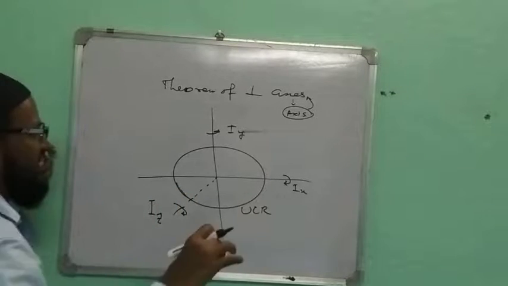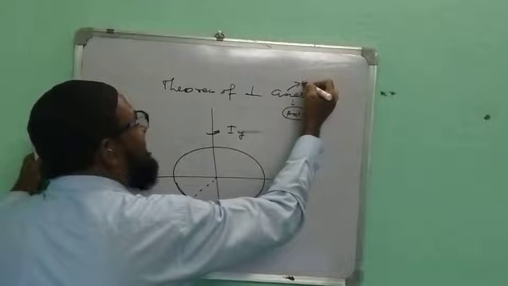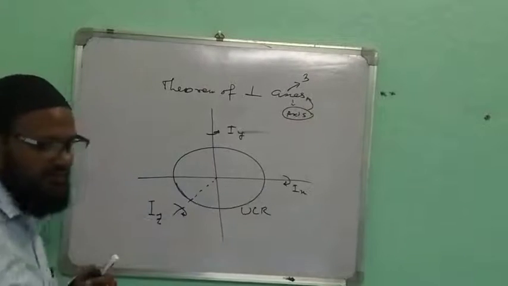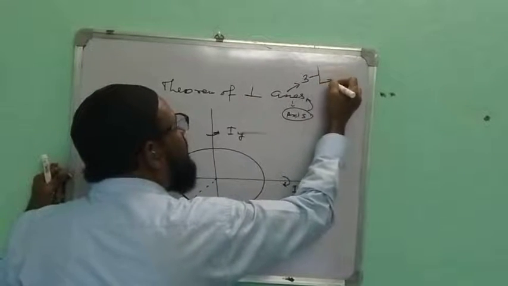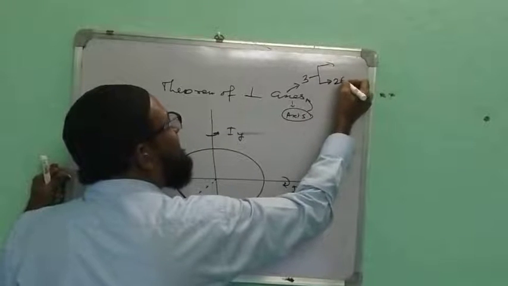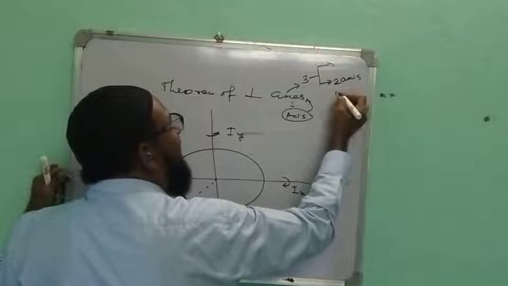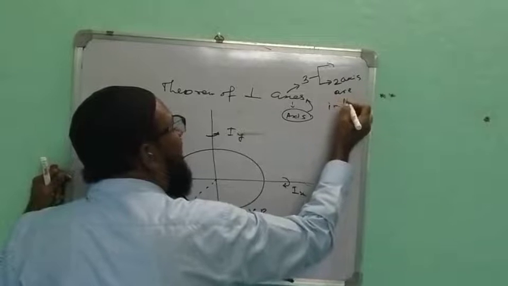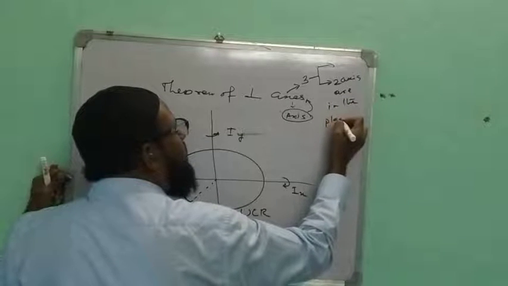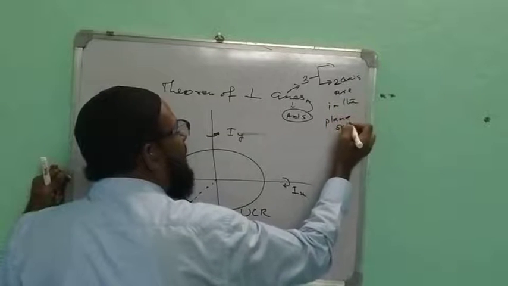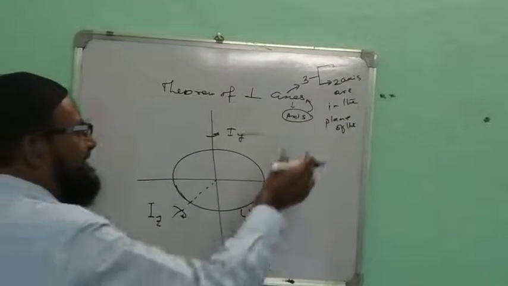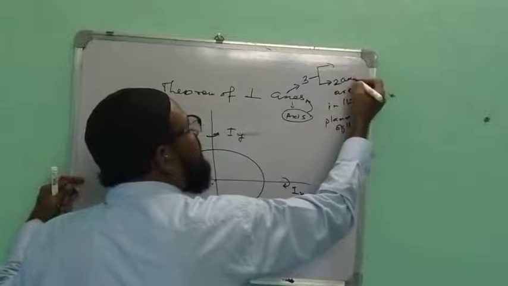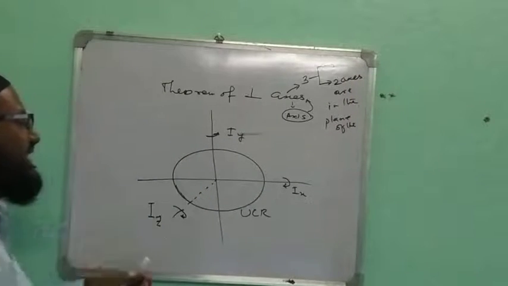Please try to understand. How many axes? Three. Out of the three, two axes are in the plane of the body, that is, in the plane of the ring.